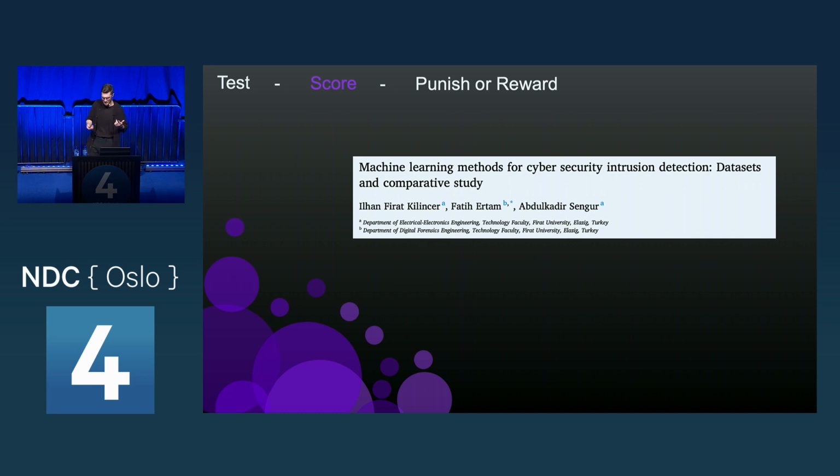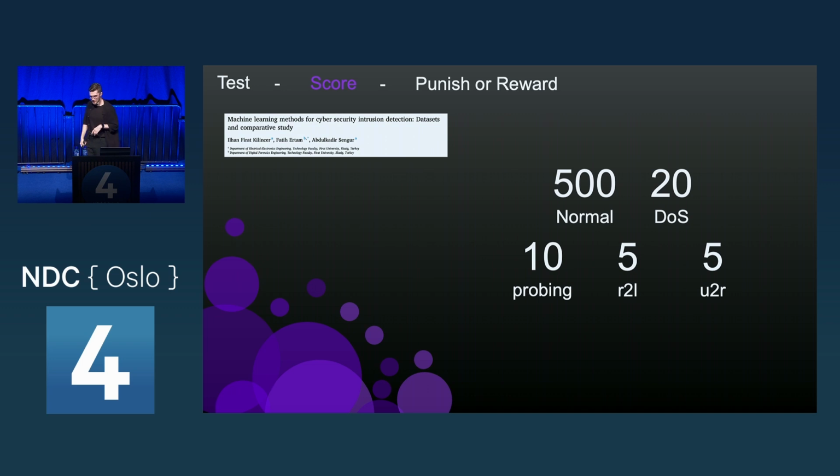Except, let's say, for example, I had a specific instance of traffic coming in and out of my system. Attacks are quite uncommon, really, in reality, to normal traffic. For the sake of argument, maybe I have 500 instances of normal traffic, 20 denial of service attacks, 10 probing, and then 5 of the other 2.